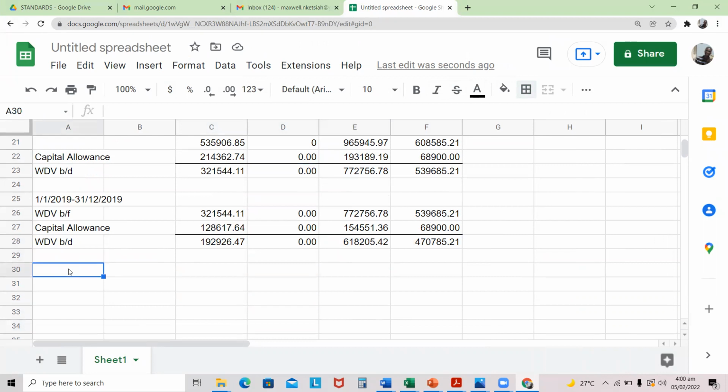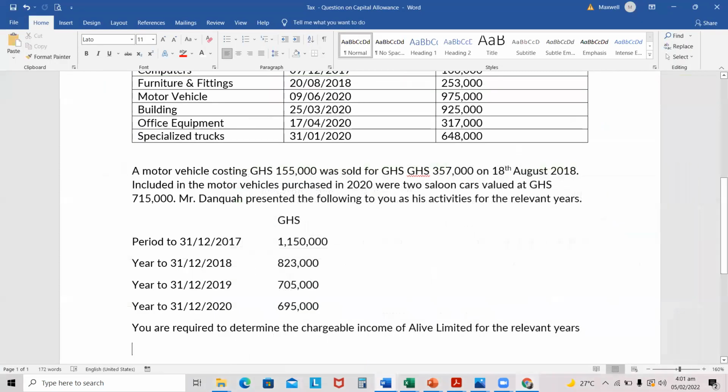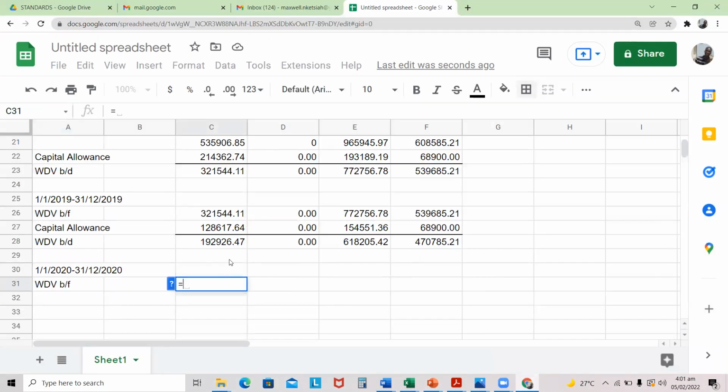Then let's go to 2020. Written down value brought forward 2020. So for 2020 we bring this in here like this for all of them.